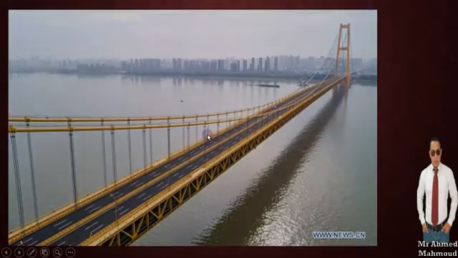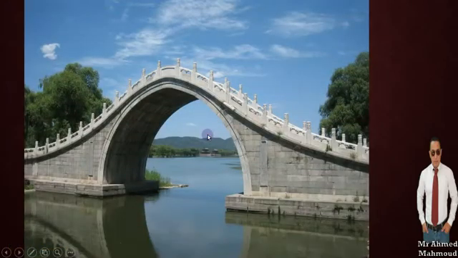Another picture. In this picture we have a bridge built in a small area like this, so we build the bridge with two levels inclined with this level and this level. In each of them the slope is about 1.